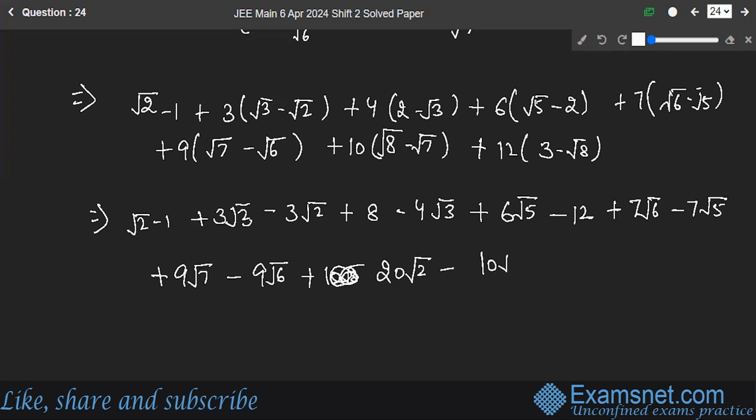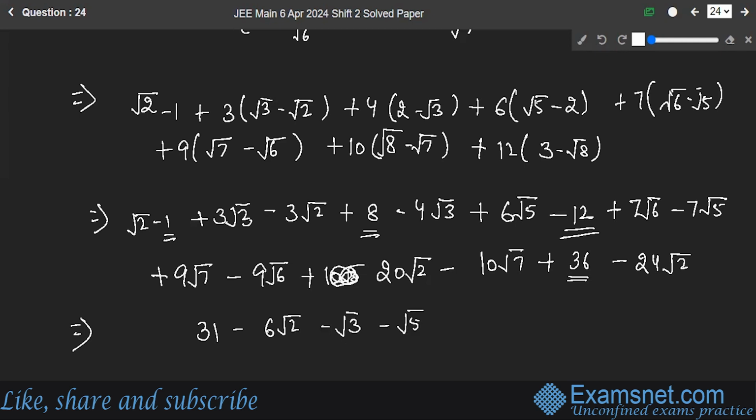Minus 10 root 7, 36 minus 24 root 2, correct? Now let's separate. This is minus 1. This will be 7 and minus 5, and this is equal to 31. And you will solve for the coefficients of root 2. This will be minus 6 root 2, minus root 3, minus root 5, minus root 7, minus 2 root 6.